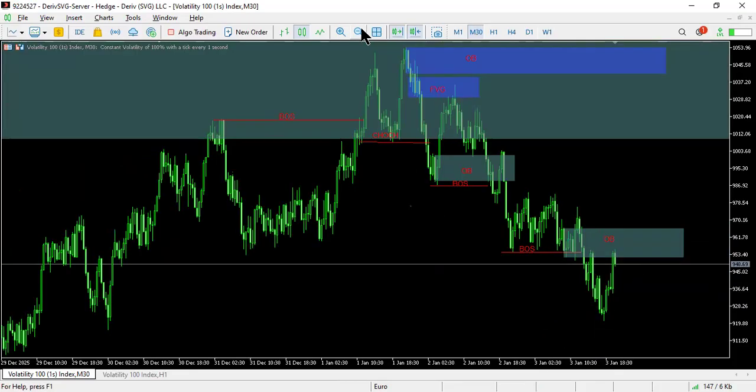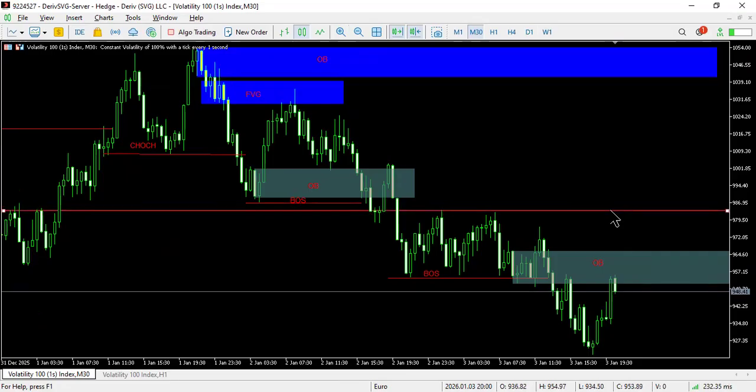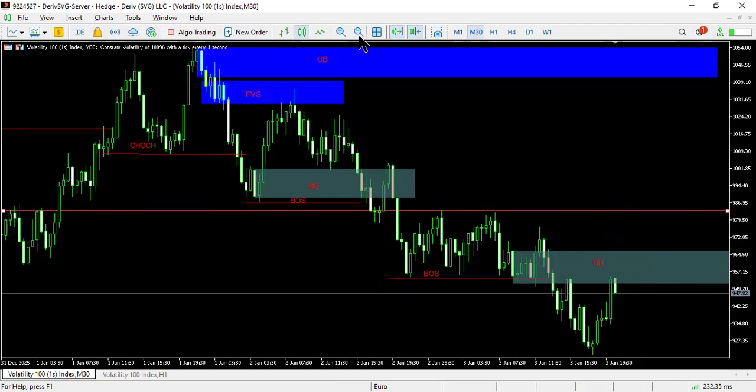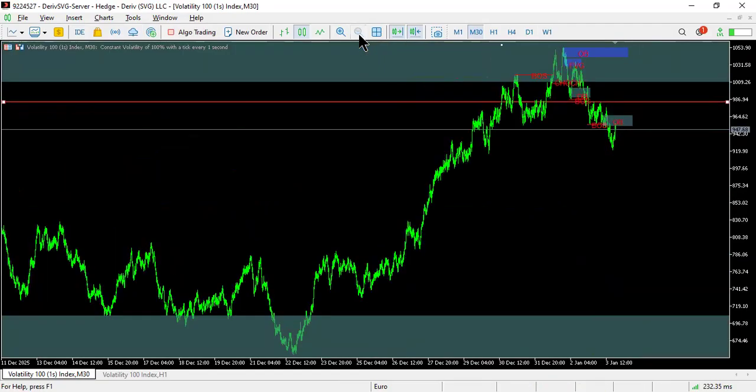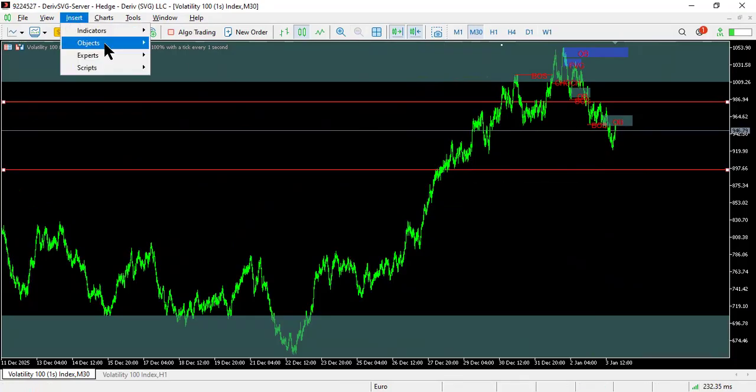Instant execution on VIX 101S because the trade is already playing out. So instant execution with your stop loss slightly above that high. And then you take profit. Obviously, we are going to have our first take profit at 895.55.